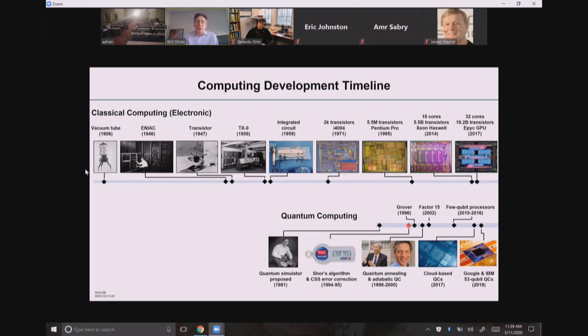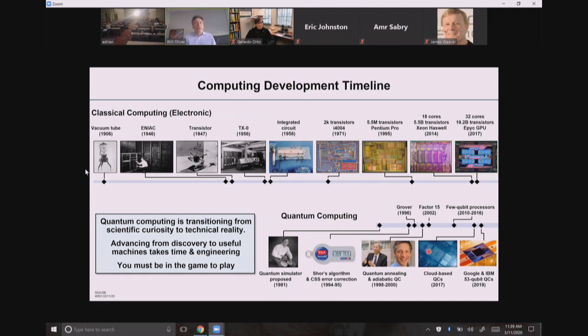It was yet another 20 years before we got to the point where we are today, where we have the first nascent quantum computers that you can access online with maybe 20 to 50 qubits. So the takeaway is that, look, this is happening. Quantum computing's real. It's transitioning from scientific curiosity to technical reality. But we know as engineers and scientists that advancing from discovery to useful machines takes time.